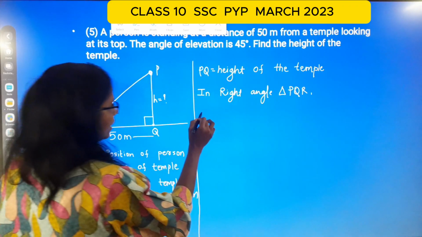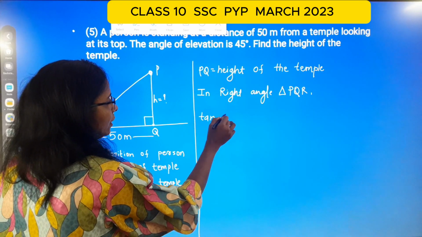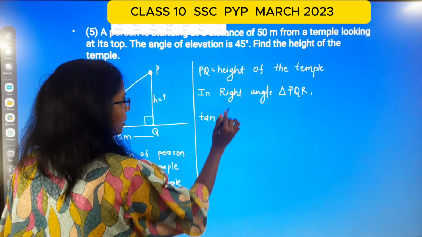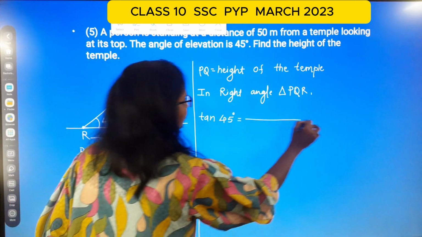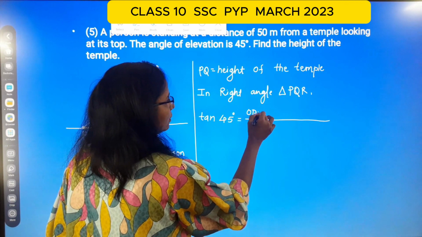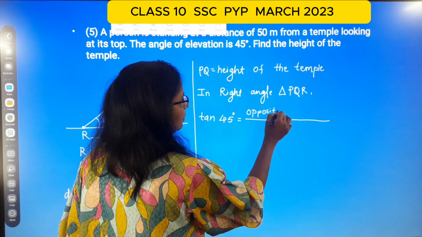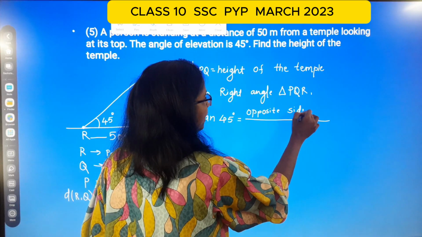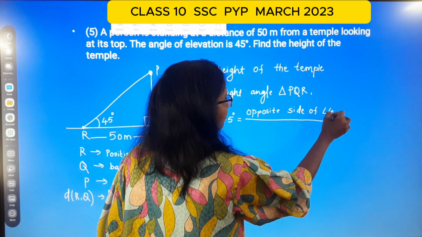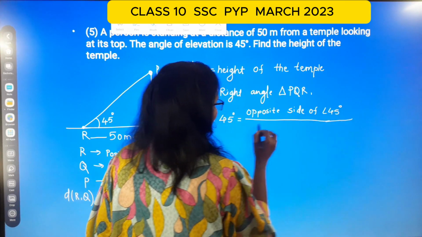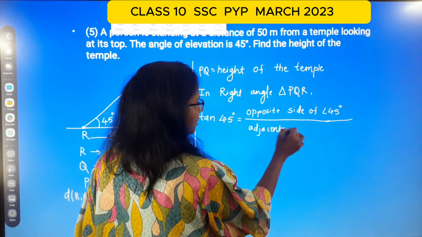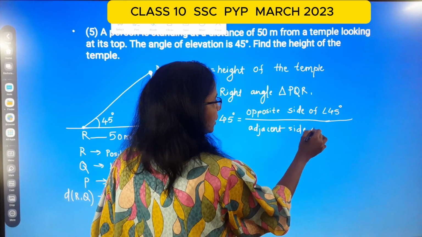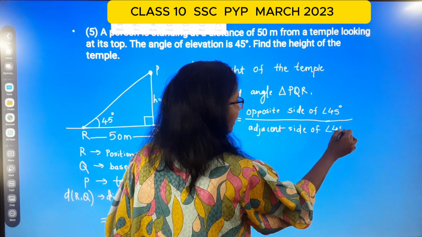Okay, so now by applying tan 45, tan ratio, that is the opposite side of angle 45 degree and adjacent side of angle 45 degree.